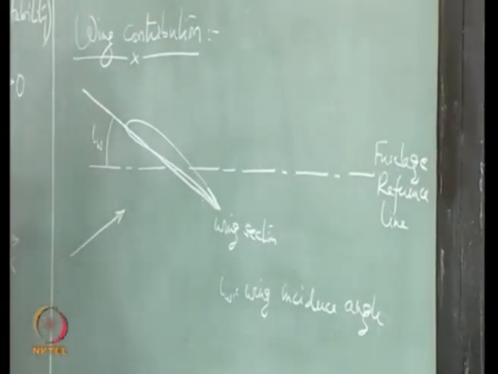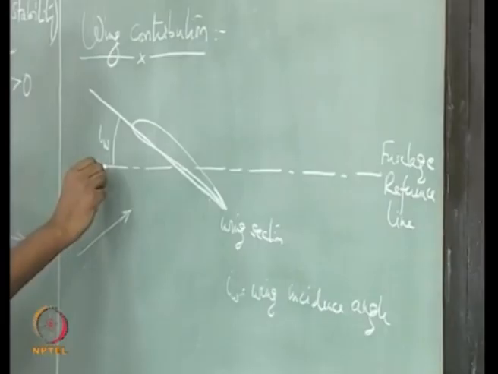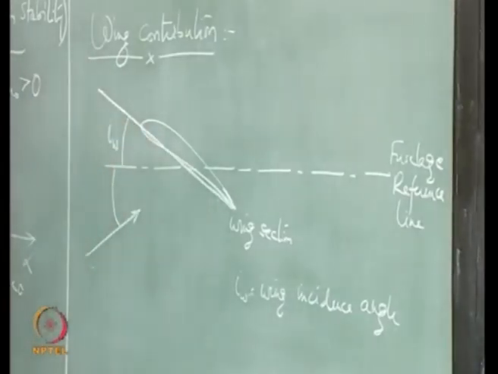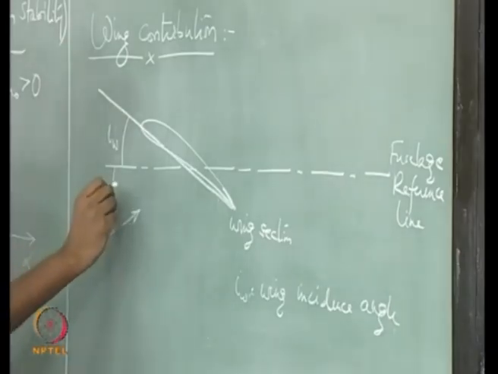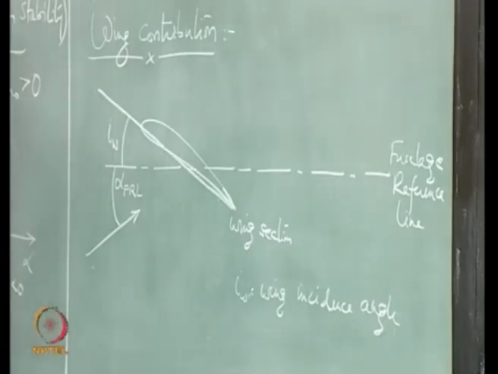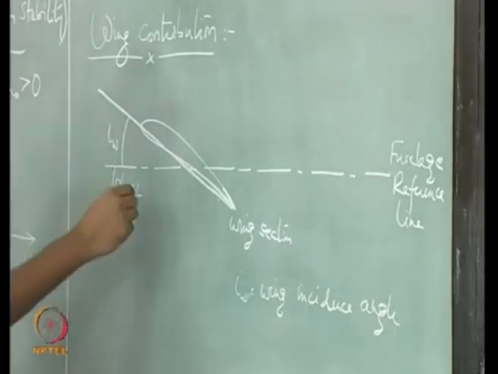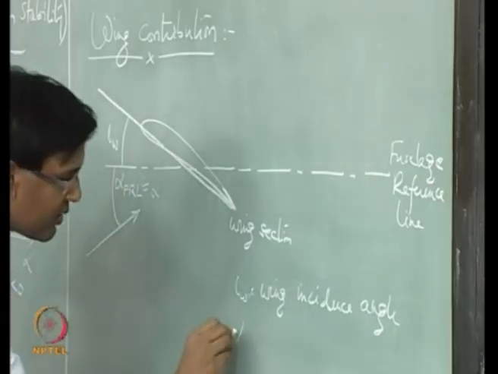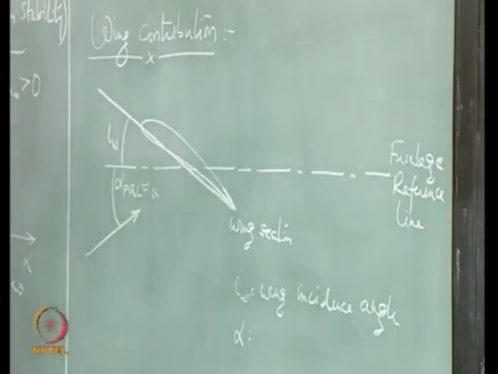The angle of attack of the aircraft is with respect to this fuselage reference line, which we can call alpha FRL, or we can drop this FRL and simply write this as alpha, for the whole aircraft.